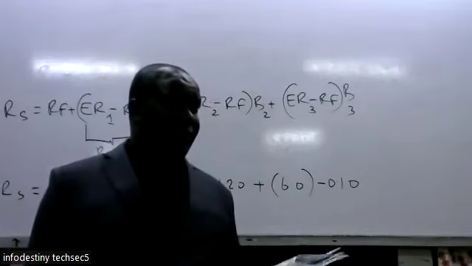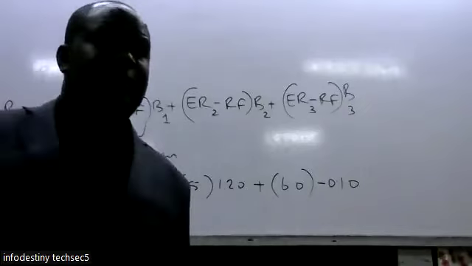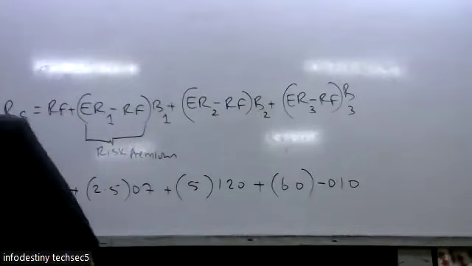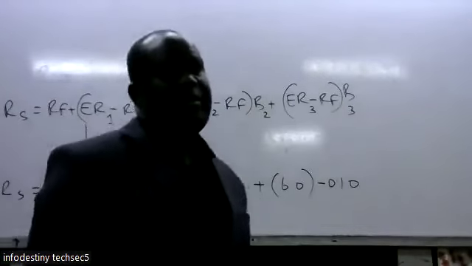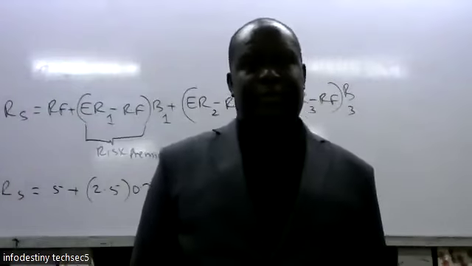So we start off with the Roman letter 1. They have said CAPM. When we use CAPM, we say that it is only the market which will influence the returns of the security.